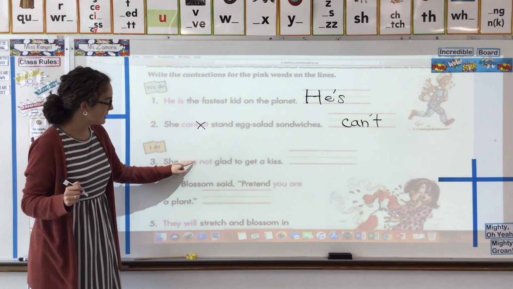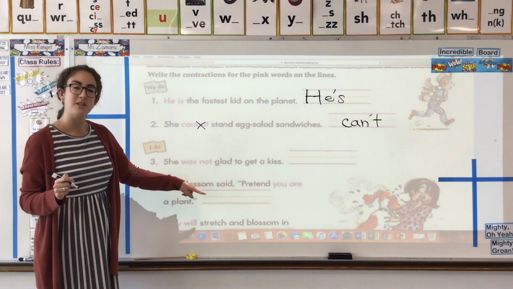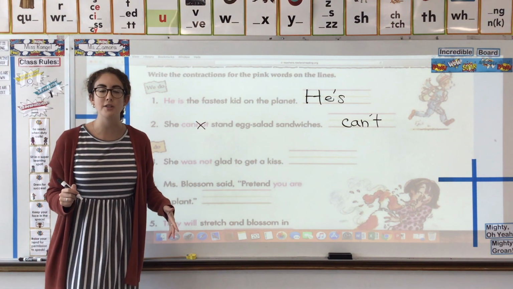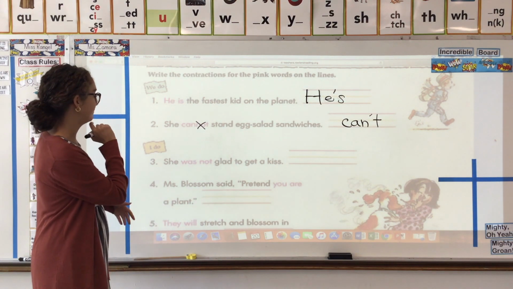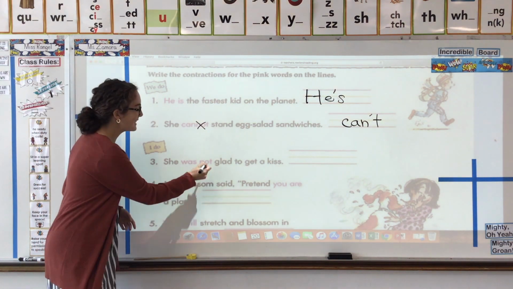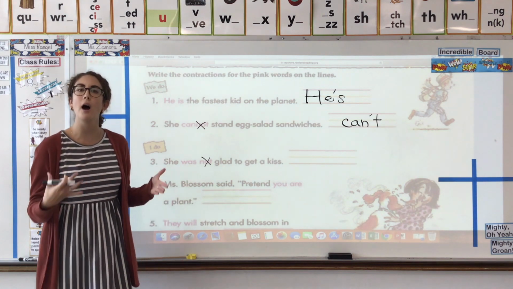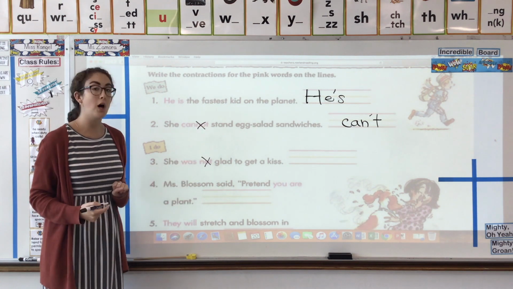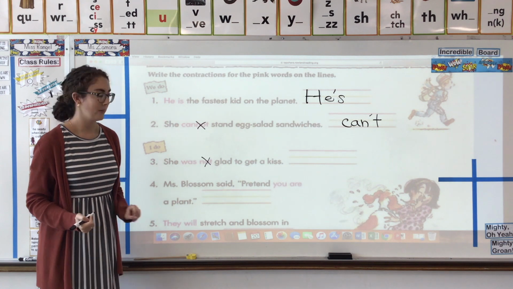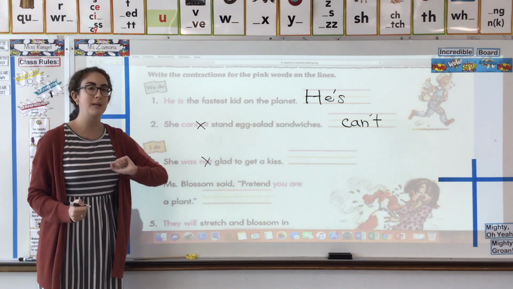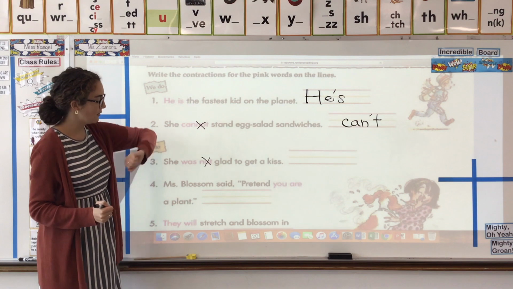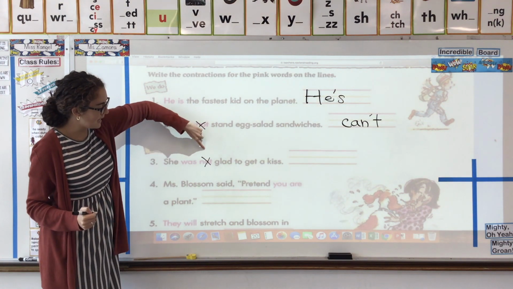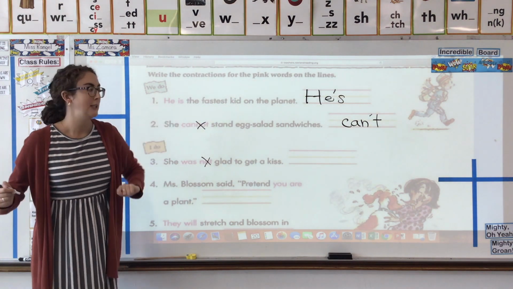Look, it's the word not. It's going to just be the O, because this is a regular contraction, so just the O is going to be replaced. So was not will become what? Can you write it out? Was N apostrophe T.